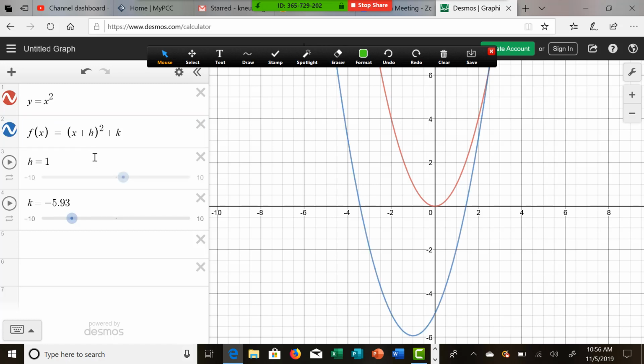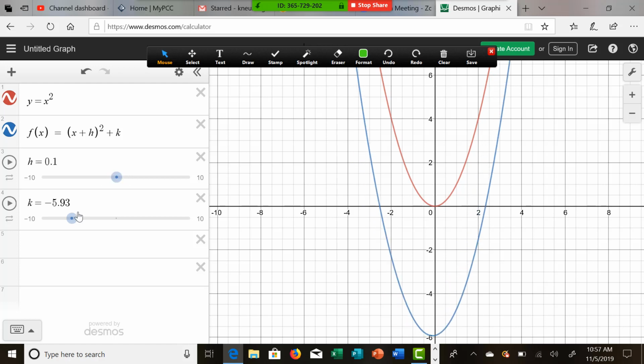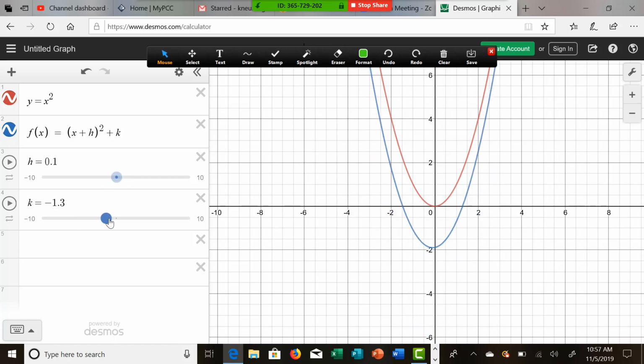I'm going to make a slider for h. Now, I'm going to move h back to 0. I'm also going to move k back to 0 because we want to look at just what happens with h for a moment. Let me move h to 0. Notice the blue graph is now on top of the red graph again.